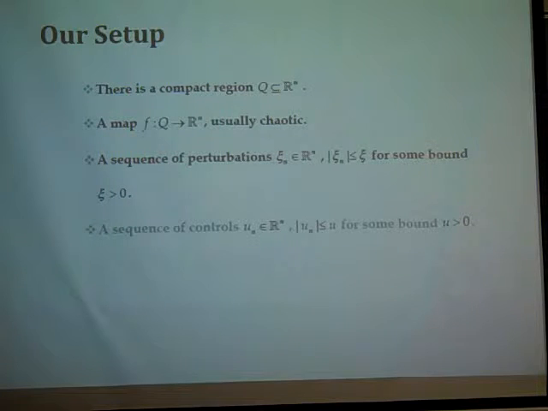Based on this disturbed value, I am going to add a control. These are vectors in n-dimensional space, and these are positive constants. Importantly, this is bigger than this. So this is the setup that we are going to use.